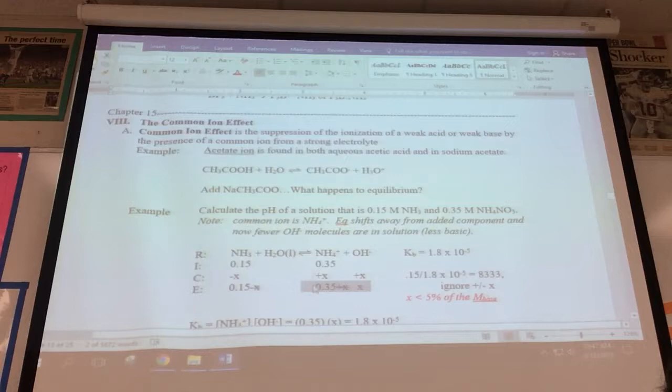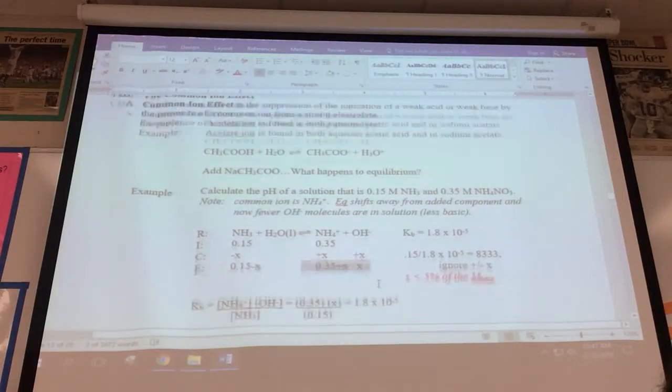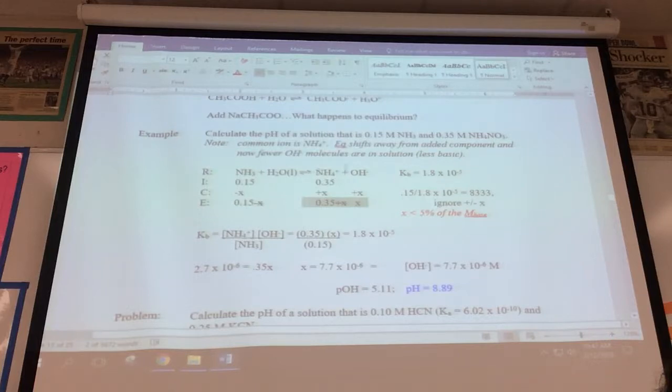For the first time, these concentrations, both initially and at equilibrium, will not be the same. Subtract, add. Why must the reaction go in the forward direction? Because you don't have any hydroxide ion. So now you get these concentrations, and again, for the first time, these are not the same. Kb is equal to this times this over this, and this is not x this time, but rather 0.35.